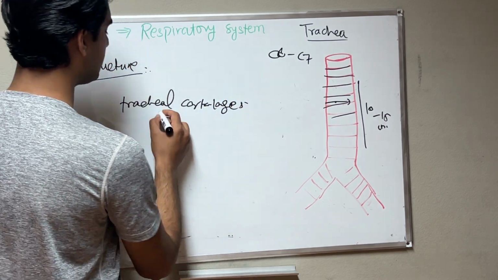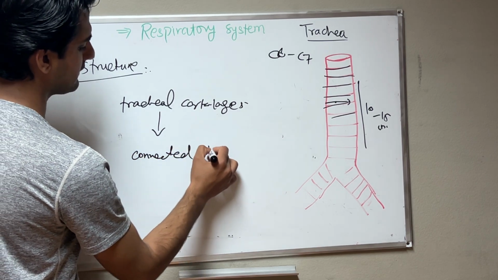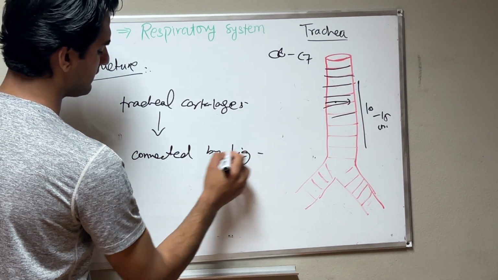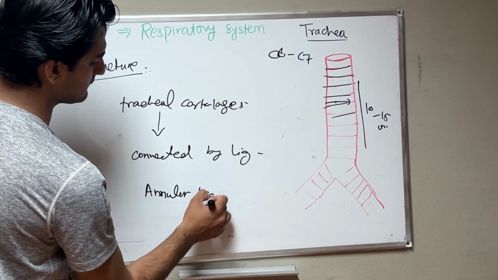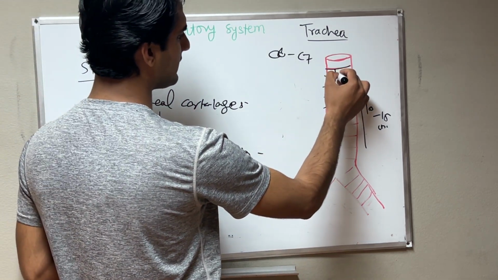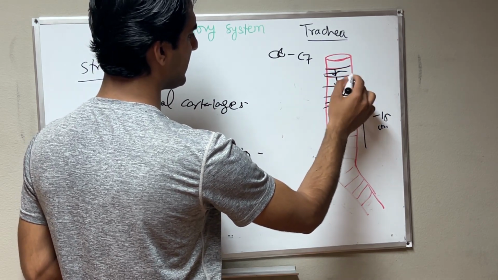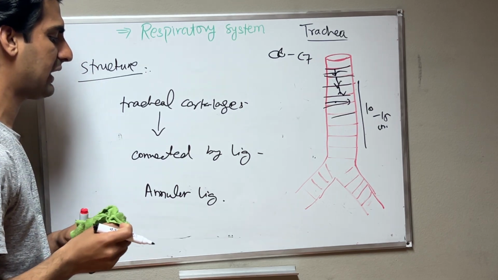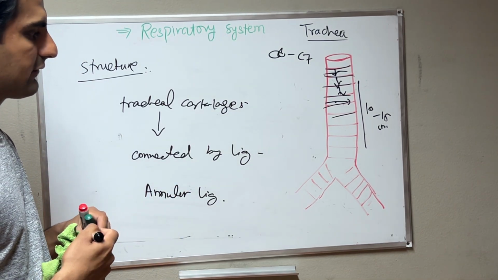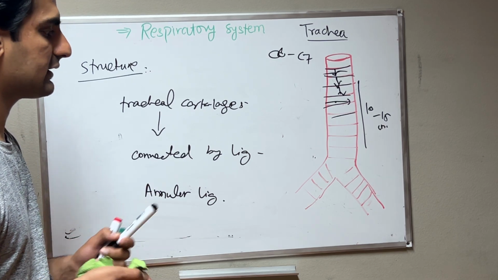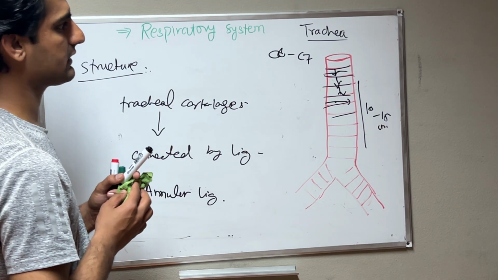These cartilages are connected by ligaments, called annular ligaments. They are connected to each other and maintain the structure of the trachea. From the back side, the membranous part, we have no cartilage because this is the horseshoe shape. I already told the structure of the trachea.